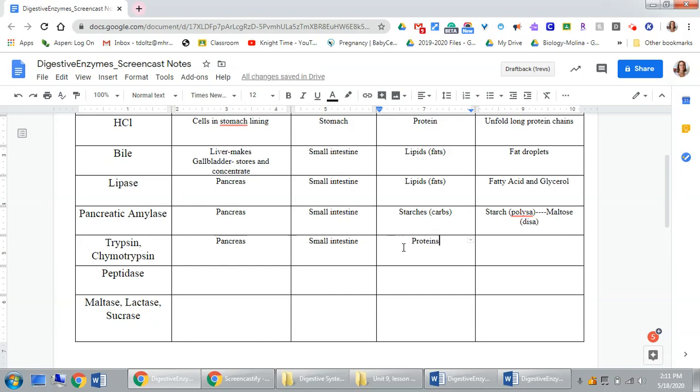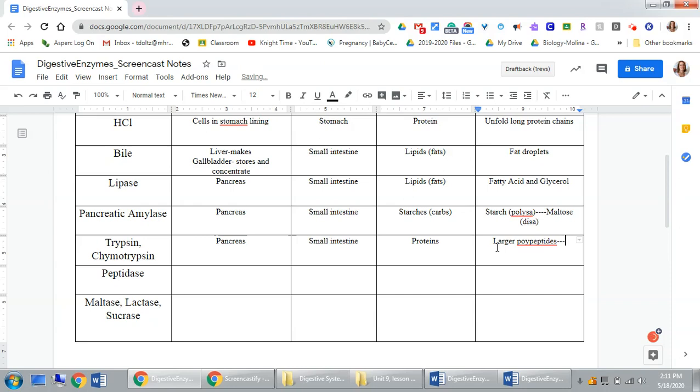Right, so they're going to help us break down our proteins. We already got them unfolded and started breaking them into smaller protein chains, so we're going to take those. We'll call them large polypeptides. You can think of them as like medium proteins.